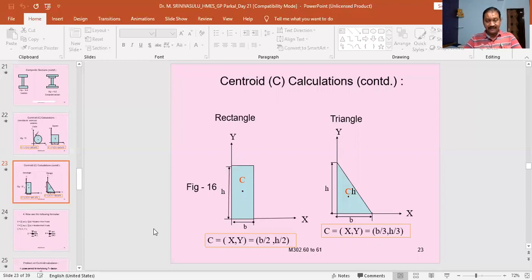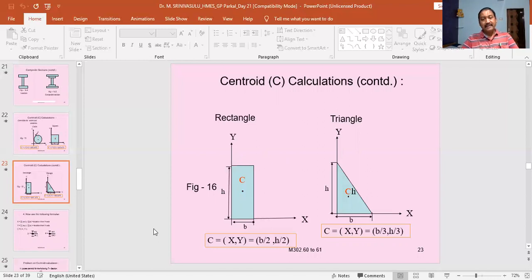Here the coordinates of the centroid for the right angle triangle: the x coordinate value is equal to b by 3 from the y-axis, and the y coordinate is equal to h by 3 from the x-axis.